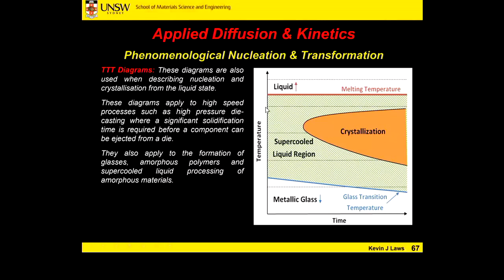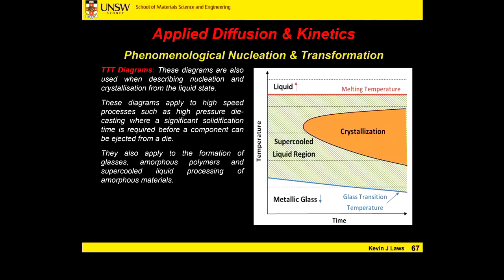However, and this is where this diagram becomes a little bit more significant, if we can cool from the liquid state and not give the system enough time for nucleation and growth, we essentially remain in this supercooled liquid region until we hit our glass transition temperature. At the glass transition temperature, the system relaxes into what's called a vitreous solid state.